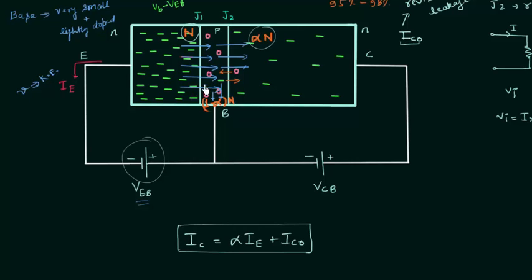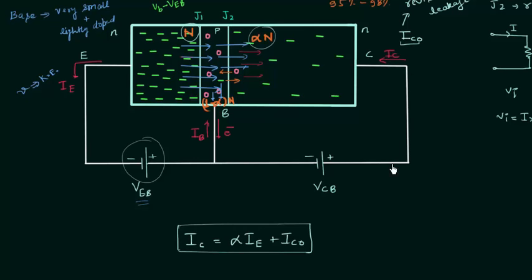When electrons from the emitter recombine with the holes, the direction of current will be like this, and the current is IB, because electrons will move in this direction to the positive terminal of the battery, so current will flow in the opposite direction. And to find out the collector current, we again have to focus on the movement of electrons. Electrons are moving from base to collector in this fashion, so current will be like this, from right to left.